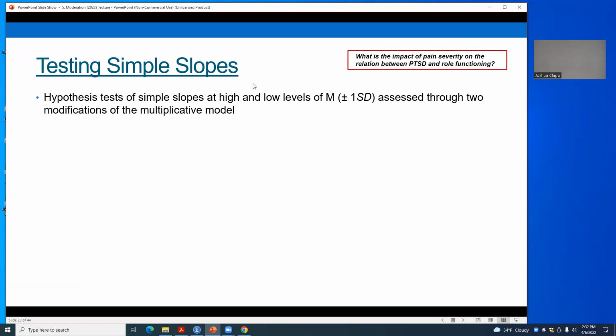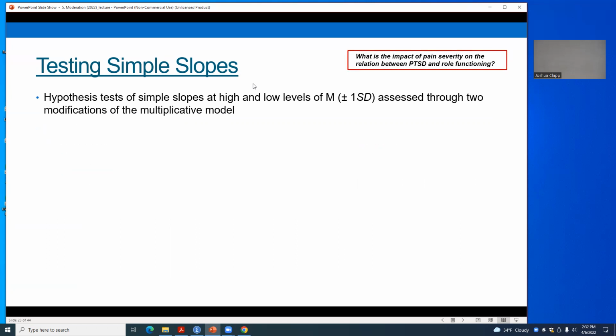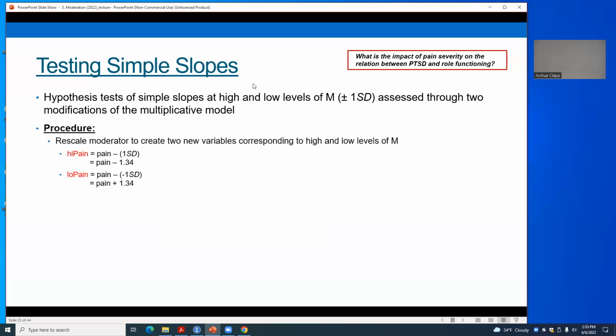So what we're going to do is run 2 modifications of this model to start to tease out these specific tests, okay? I'm going to take whatever my moderator is and create 2 new variables that recenter my moderator at high and low levels, okay?